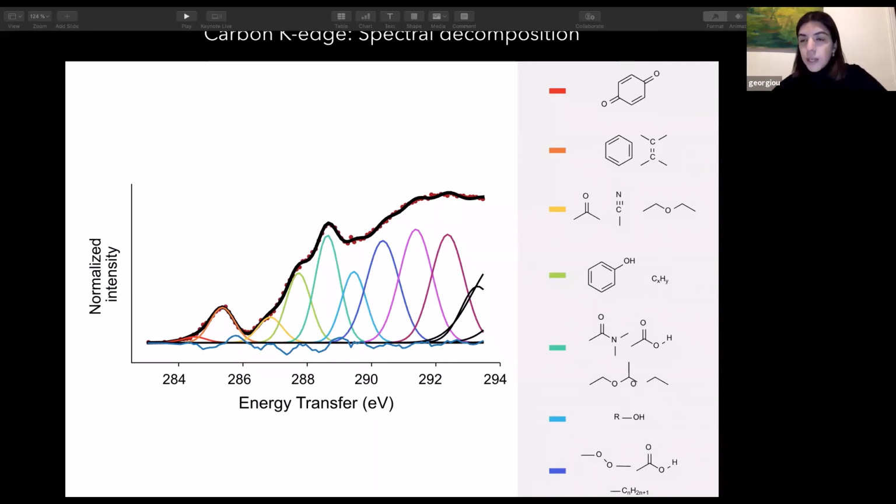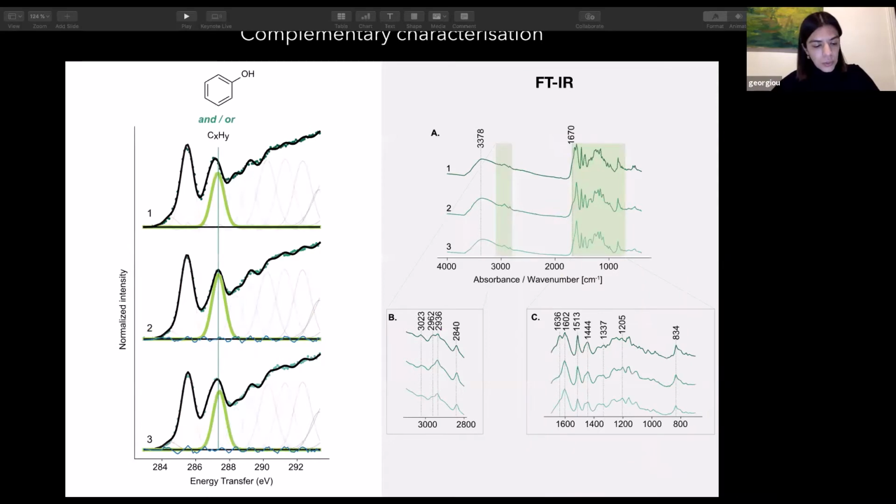This assignment comes from the literature we can find from soft X-ray absorption techniques. To make sure that we assign and characterize those XRS features correctly, we also collected FTIR spectra for complementarity of the characterization.